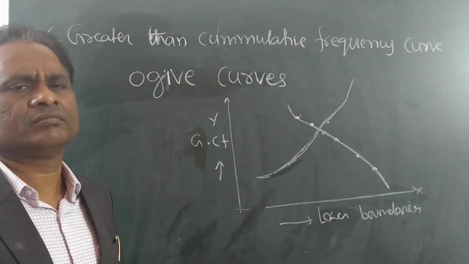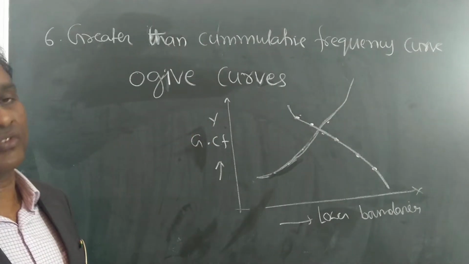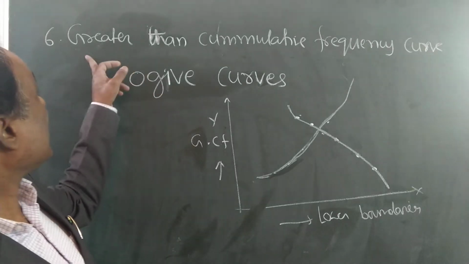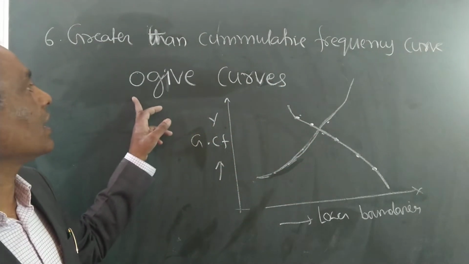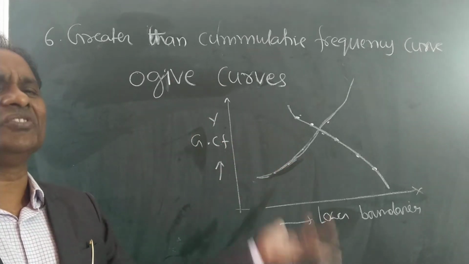It is a name. So instead of calling it the greater than cumulative frequency curve, we call it the greater than ogive curve. The previous one is the less than ogive curve. That's all.